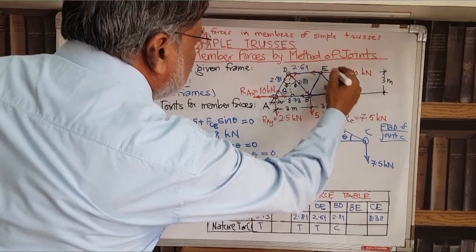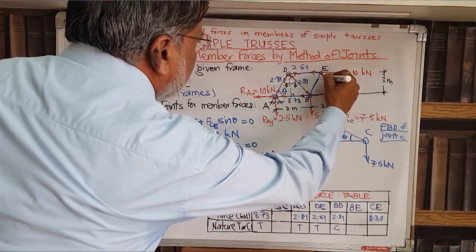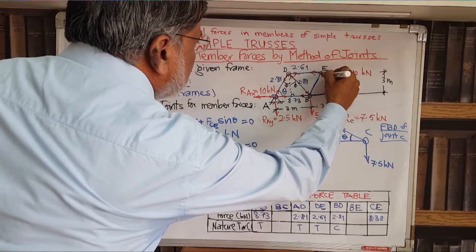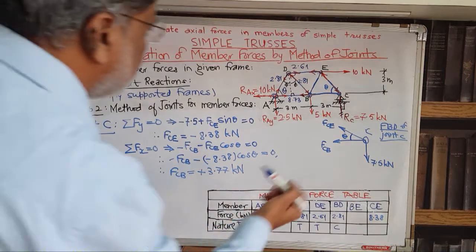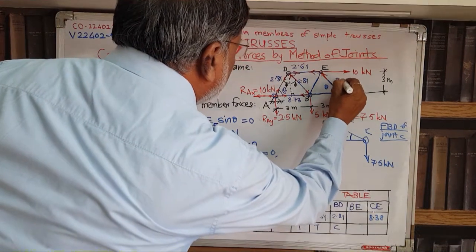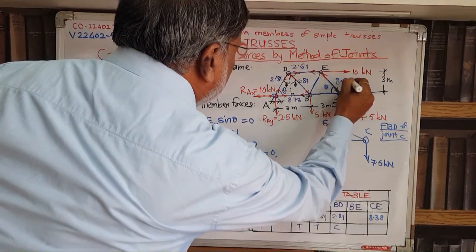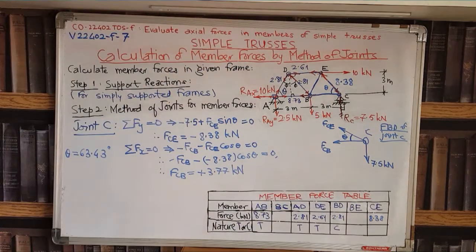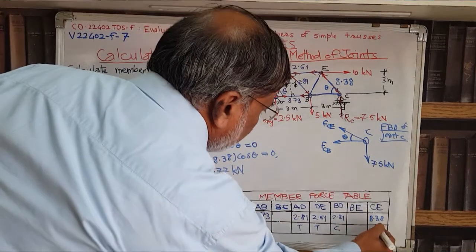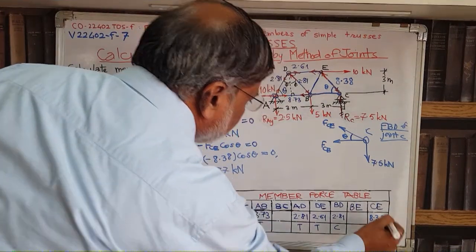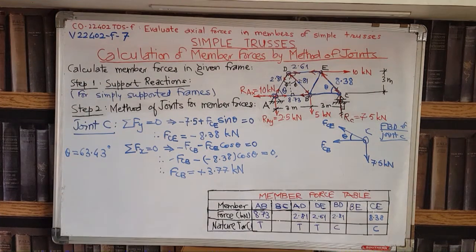So this is towards the joint, so its counterpart arrow here will be towards the joint E also, and the value will be 8.38. Now the arrows are away from each other, so it shows compression, as we have seen in the last video.